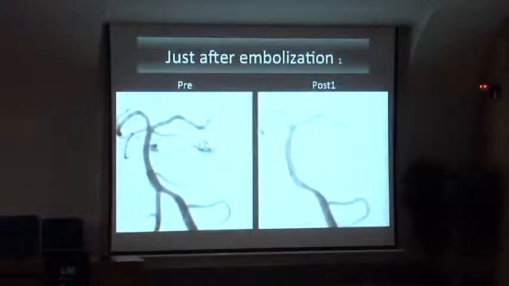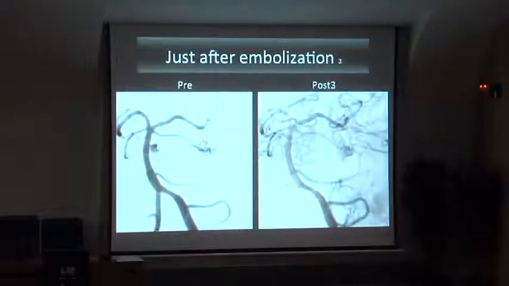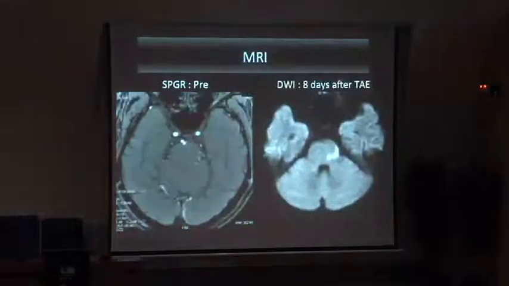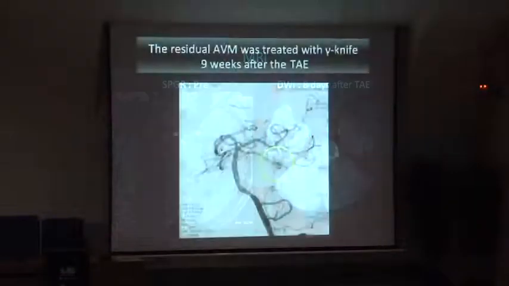Next image, just after the embolization. And next, we can see the aneurysm is gone, but the AVM still remained. And MRI shows a small infarction in the left side of the pons. Fortunately, this is asymptomatic.